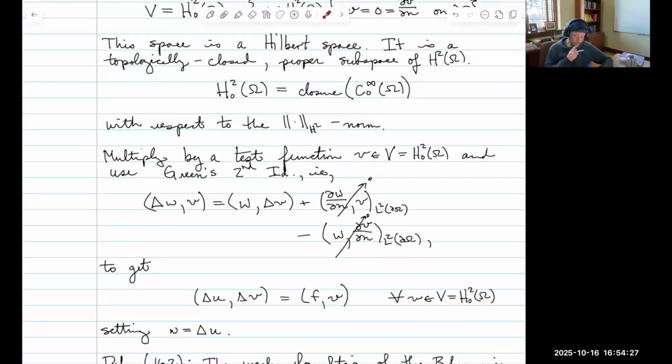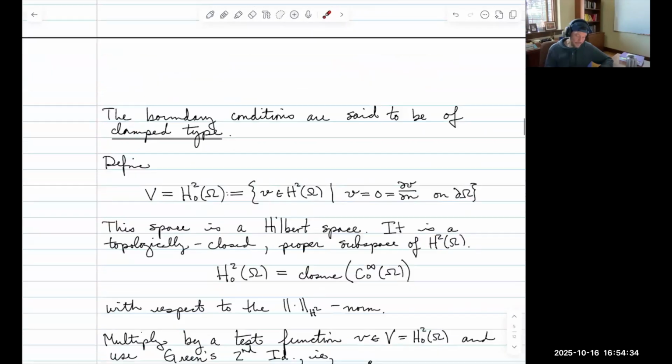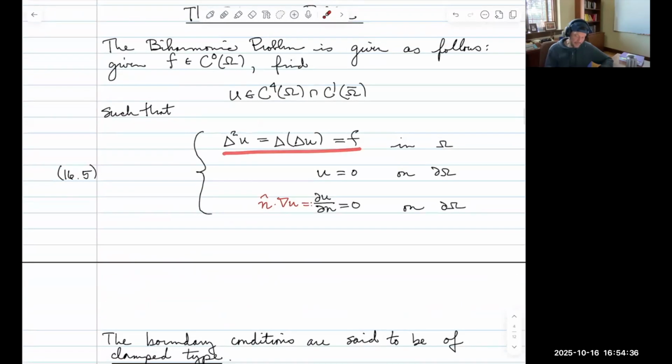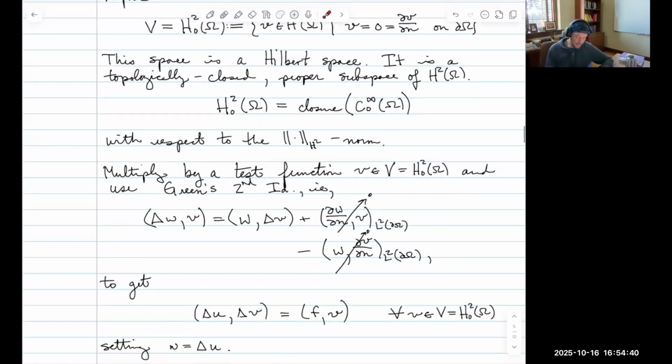Now, let's take a test function from that space. We're going to multiply this equation by a test function, and we're going to integrate. And we're going to use something called Green's second identity. Let me put L2 inner products here.